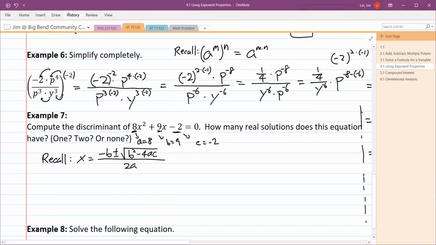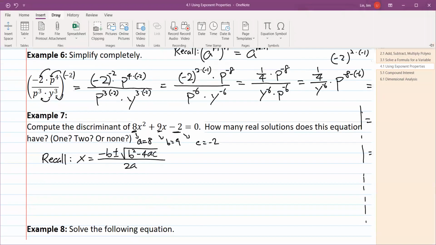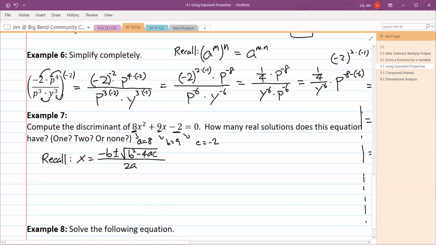We focus on the concept instead. And then the term right here is called the discriminant. Now, what does discriminant mean? Well, the discriminant is the numerical portion that helps you determine the two roots of the answer. So think about it. We have one number plus minus another number, right?